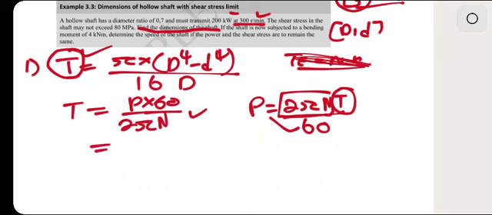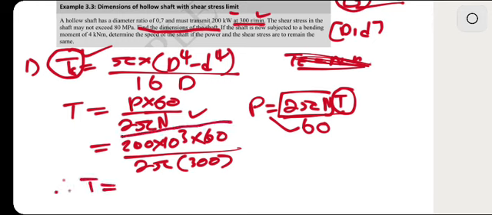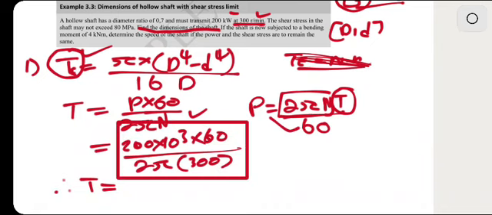Remember, this is the equivalent torque. It's simply just the torque. We're given the power, 200 kilowatts, so 200 times 10 to the power of 3, multiplied by 60, divided by 2 pi times our N there, which is 300. You simply punch this on your calculator nicely.